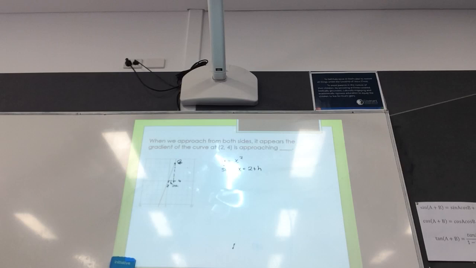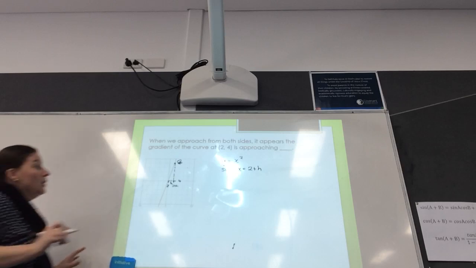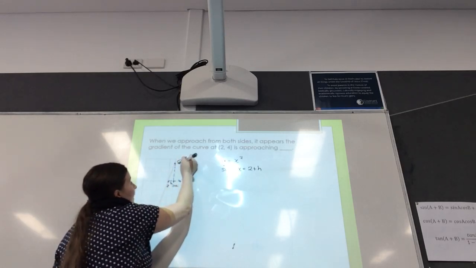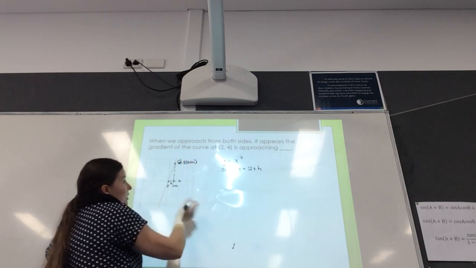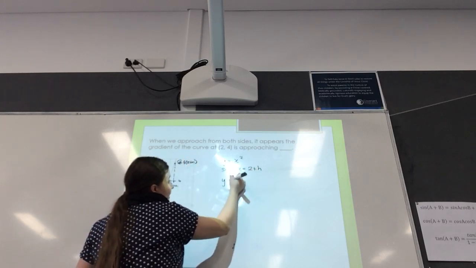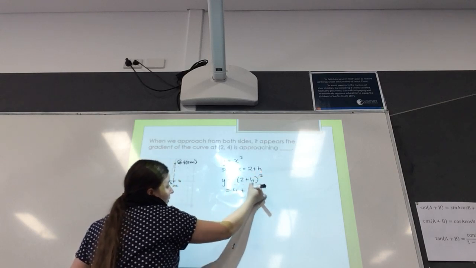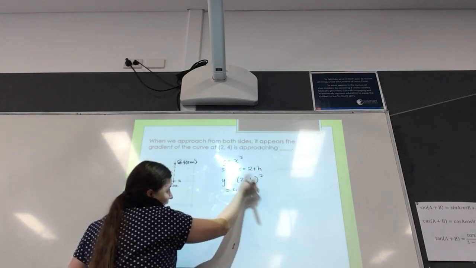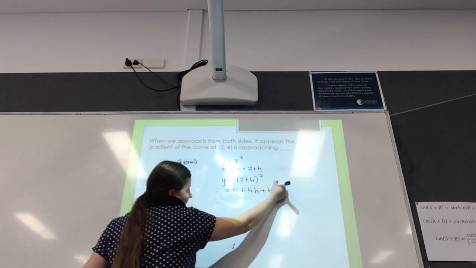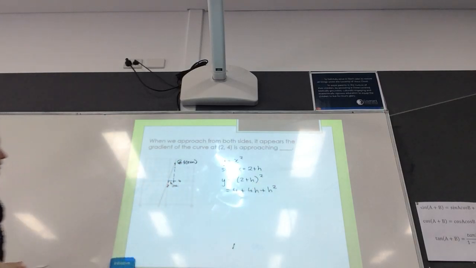Would you agree with that? Yeah? So this is going to be f of 2 plus h, which just means sub 2 plus h into the equation. Okay, careful, it's 4h, 2h, and then double it. Yes, easy mistake. Okay.